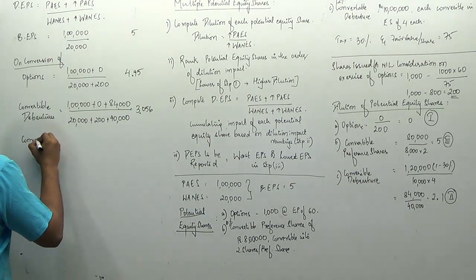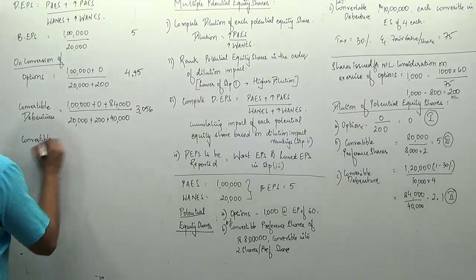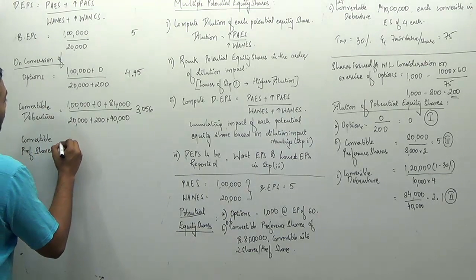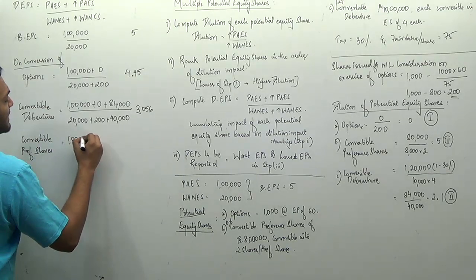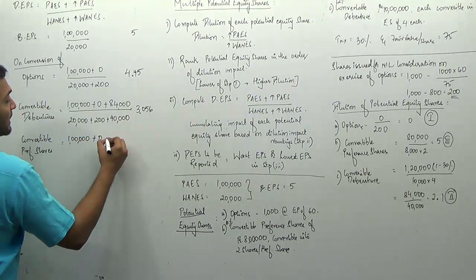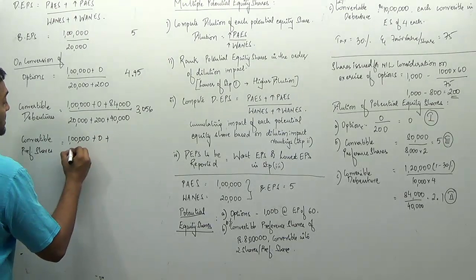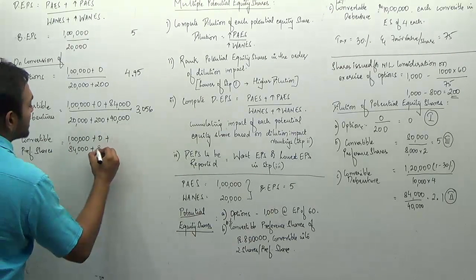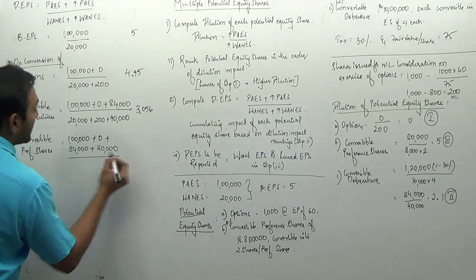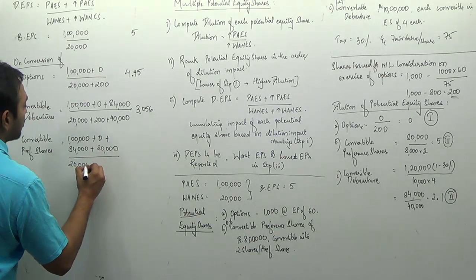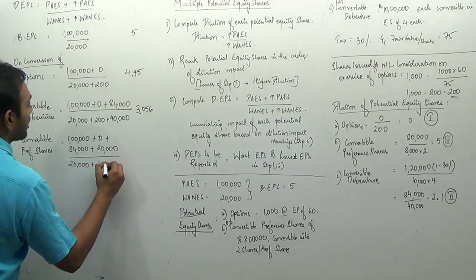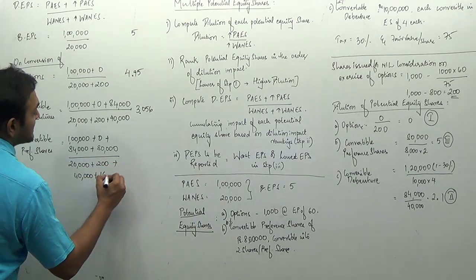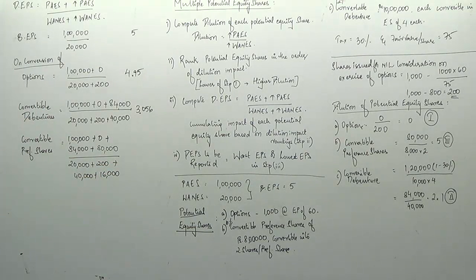Now what about on conversion of preference shares? For convertible preference shares, already existing PAES 1 lakh plus 0 increase for options plus 84,000 cumulative impact for debentures, then the last one for preference shares, 80,000, divided by WANES 20,000 already existing plus 200 on conversion of options plus 40,000 on conversion of debentures plus 16,000 on conversion of preference shares.